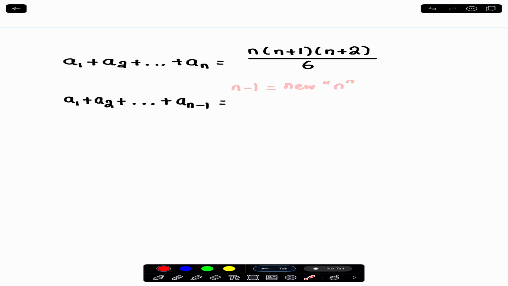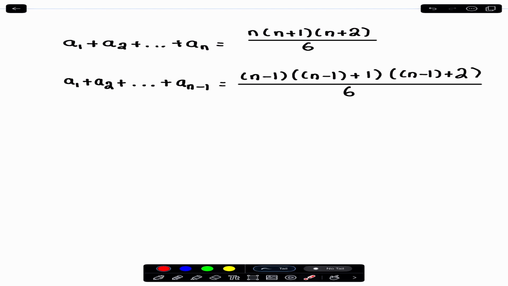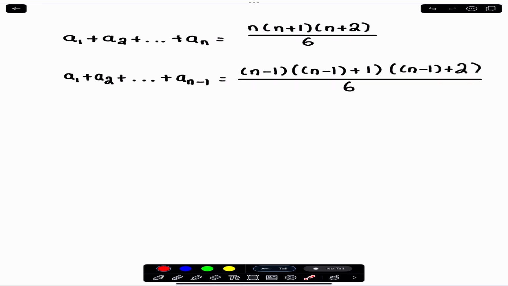Okay, that means wherever we see an n, all we have to do is just replace it with n minus 1. And I'm actually going to write it out slowly in case this concept is foreign to you. So make sure you see how this works.